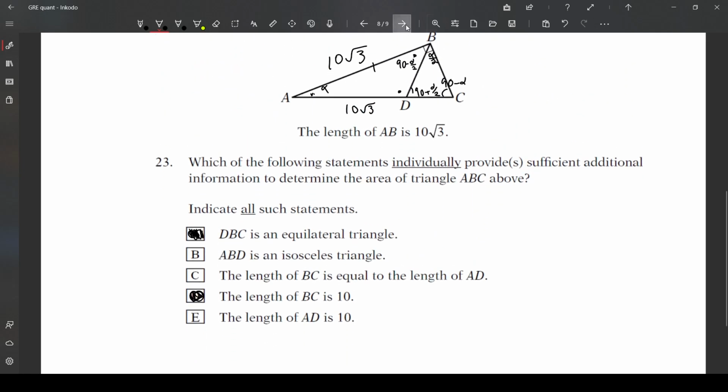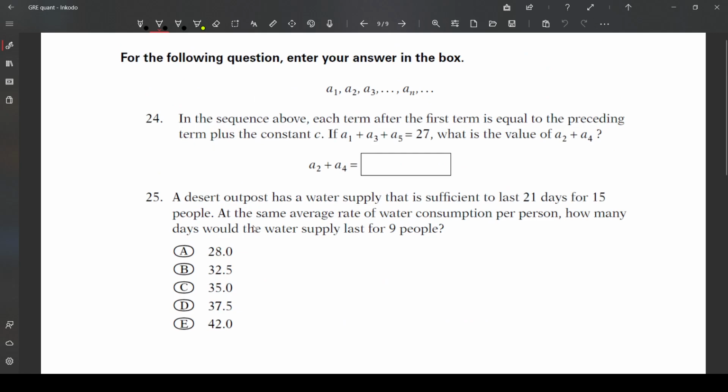Anyway. Oh yeah, these are the last two questions. Okay, so we have an arithmetic sequence. We're given, so for simplicity, let's just call this a plus c, right? So an is a plus nc.